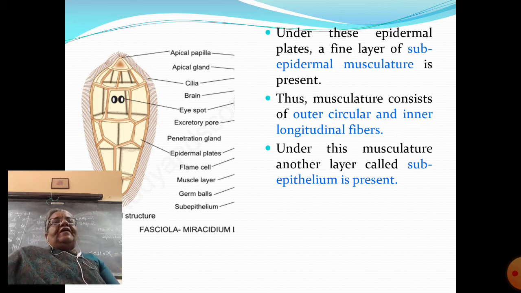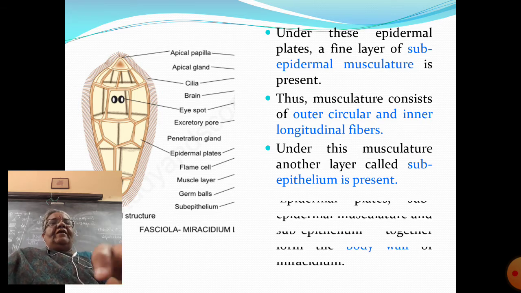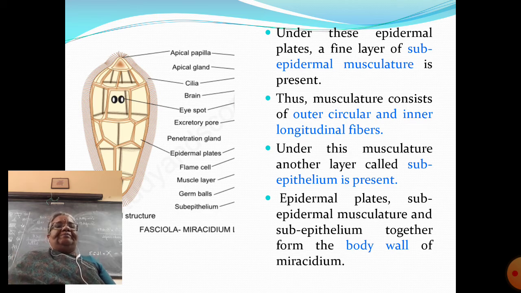So the first one is the epidermal plates. Below that, the subepidermal musculature. Below that, subepithelium. Now the epidermal plates, subepidermal musculature and subepithelium, all three put together form the body wall of Miracidium. So the body wall consists of the epidermal plates, 21 in number, arranged in 5 rows, below which you find subepidermal musculature and below which you find subepithelium.